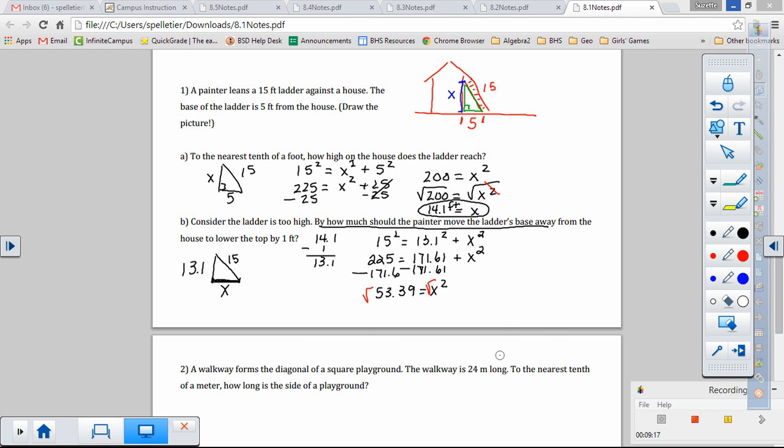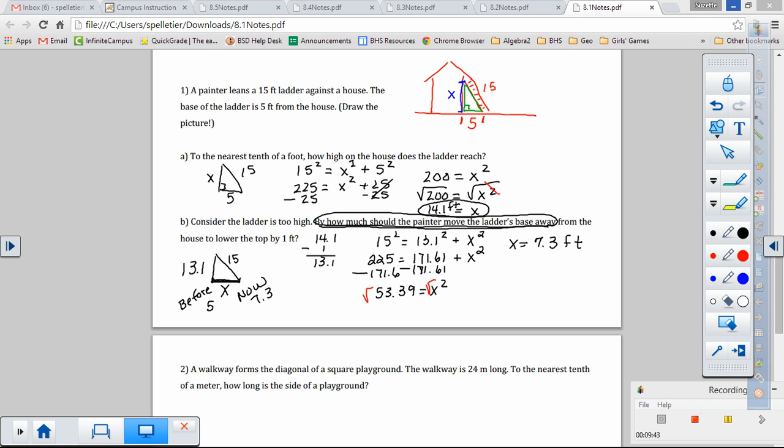So we, again, have to square root both sides of the equation, and we get x equals 7.3. So before, the base was 5, so that's before. And now the base is 7.3. The question is, by how much should the painter move the ladder's base away?